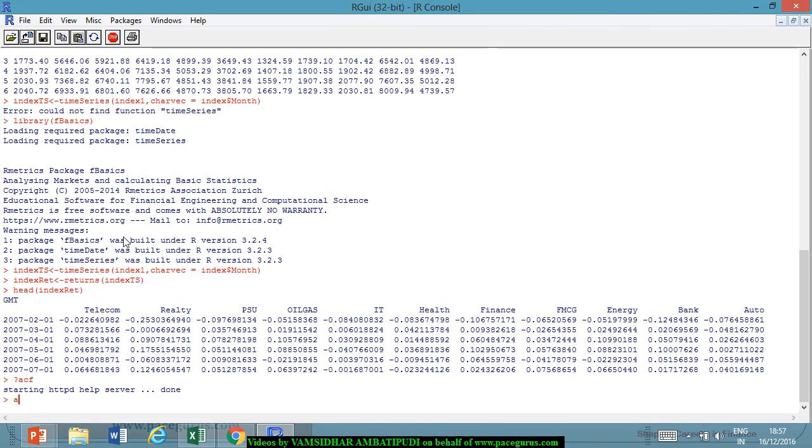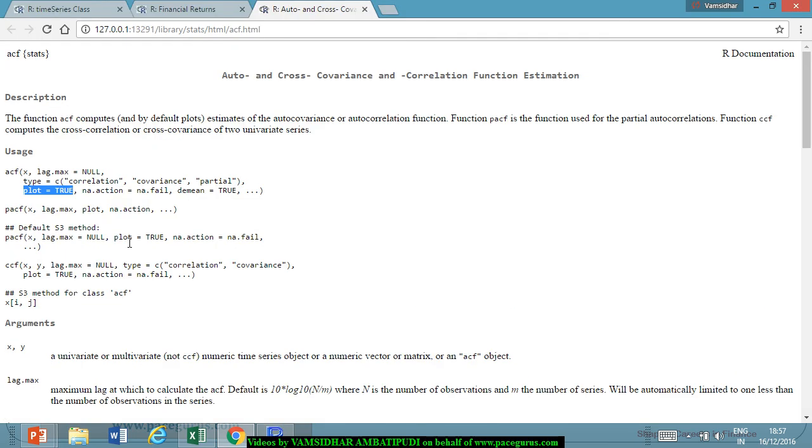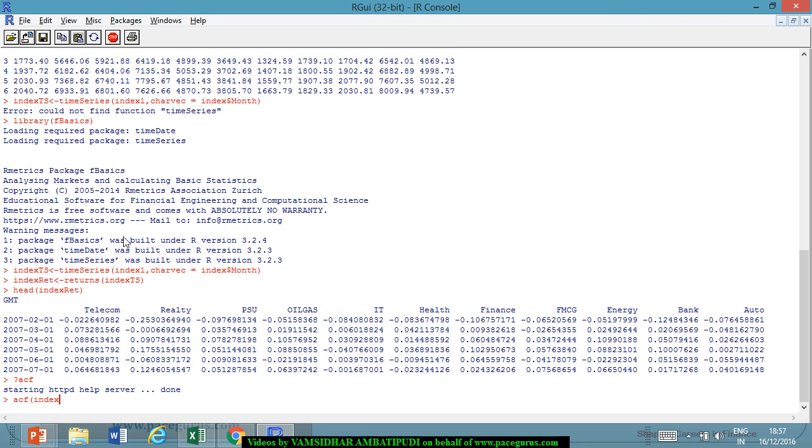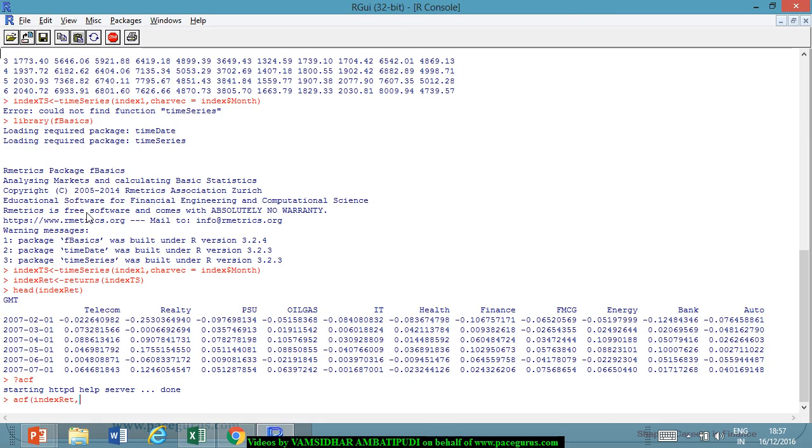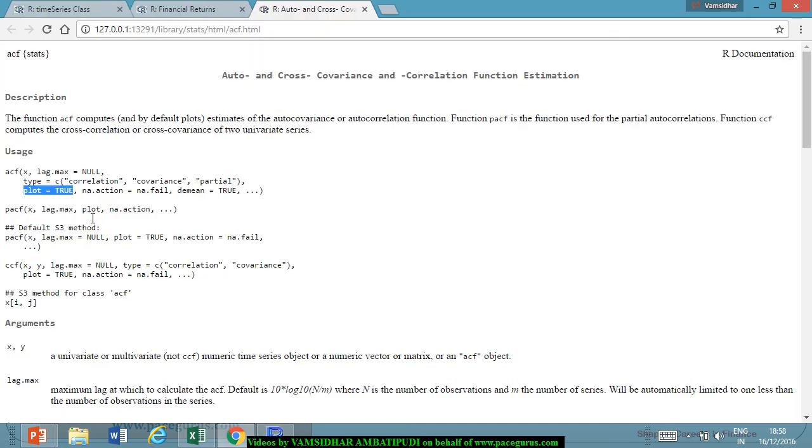So I'll simply try ACF of the index returns, where I can take it either for correlation or covariance. Let me take type equal to correlation, because I can get the ACF with respect to correlation, covariance or even partial.